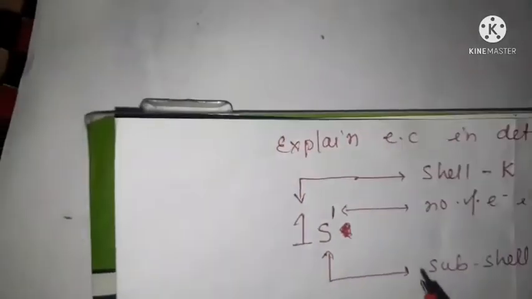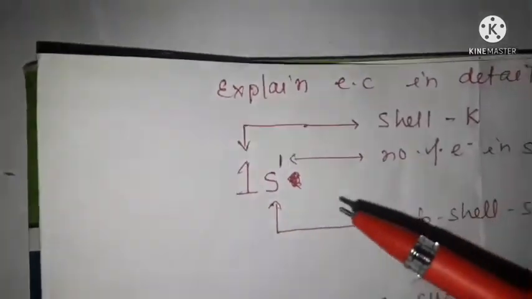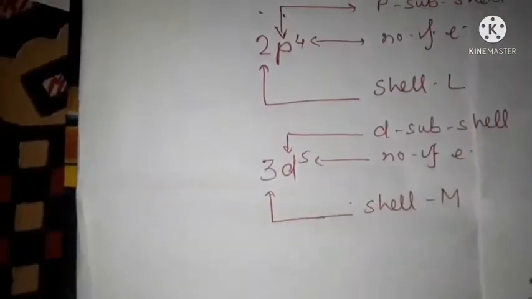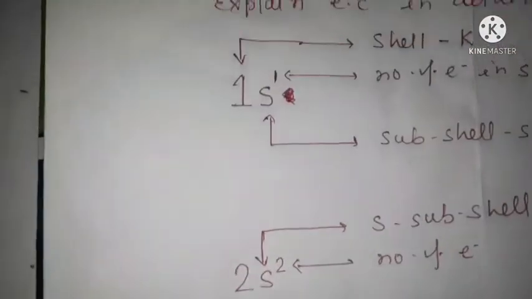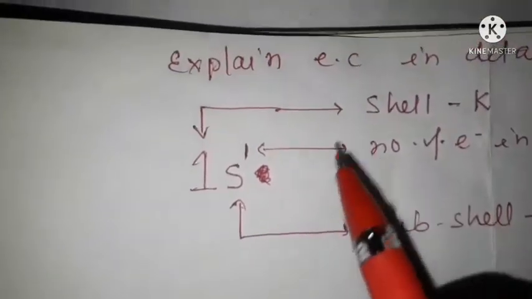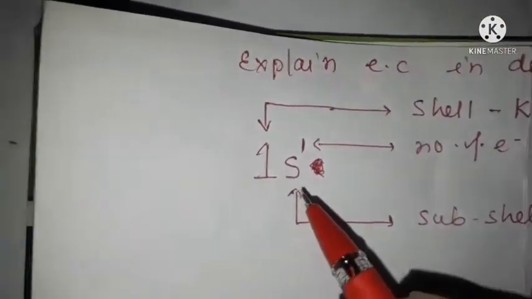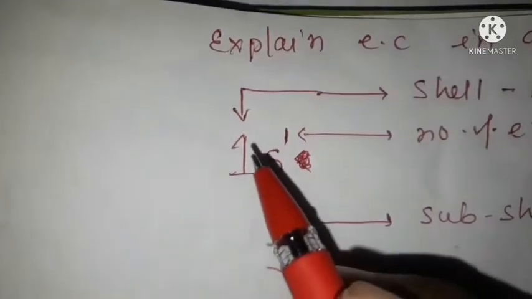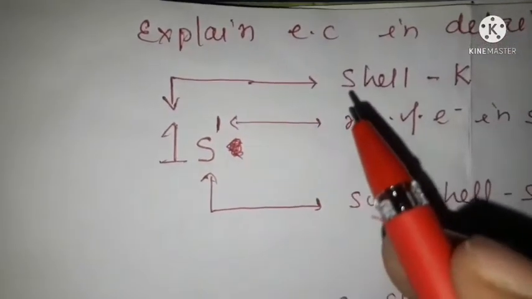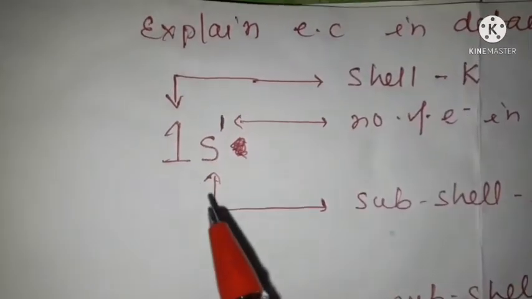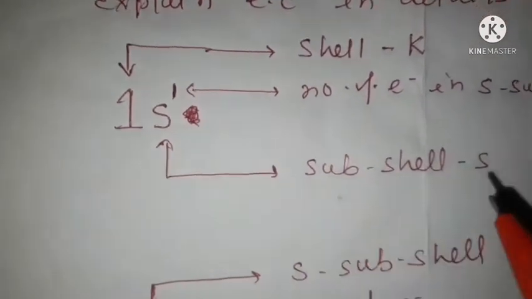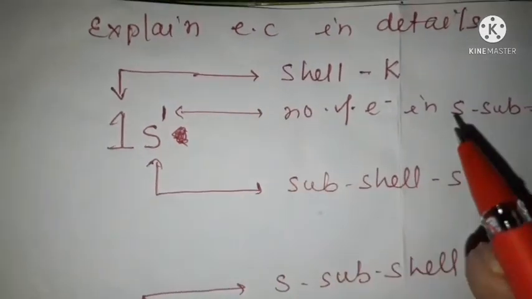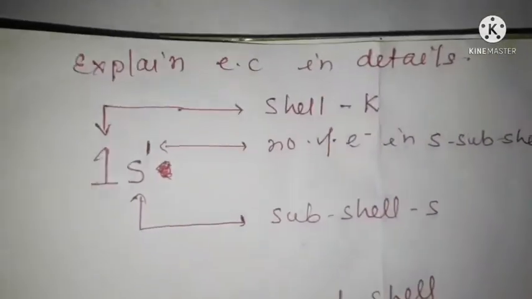Now here some pictures are given in which some structures are formed. 1s1: in this, 1 represents the K cell, S represents the subcell S, and 1 represents the number of electrons in the S subcell.